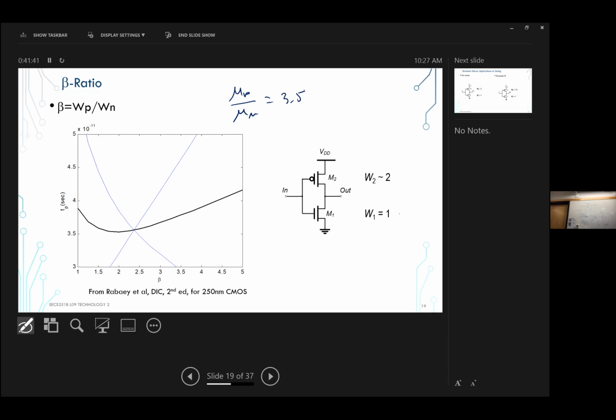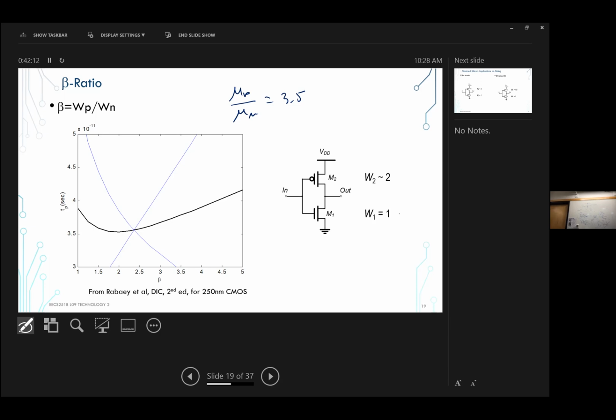So if you take an inverter and place it in a chain, and for that chain you're trying to minimize the delay, increasing the beta ratio, WP over WN, what does it do to TP high low, and what does it do to TP low high?